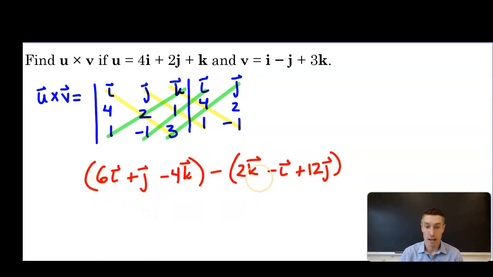So we have 6i plus i, so 7i, j minus 12j, so minus 11j, negative 4k minus 2k, minus 6k. Right, so there is our cross product vector using the diagonal method. If you use the cofactor expansion method, you should still get the same. Personally, I use the cofactor expansion method. I just find once you practice it enough, it is a bit faster, but really whichever method you prefer works.